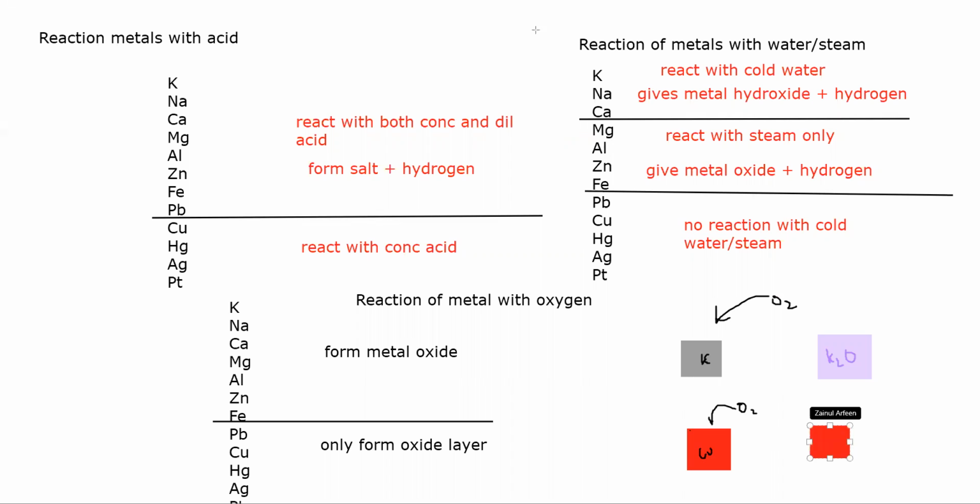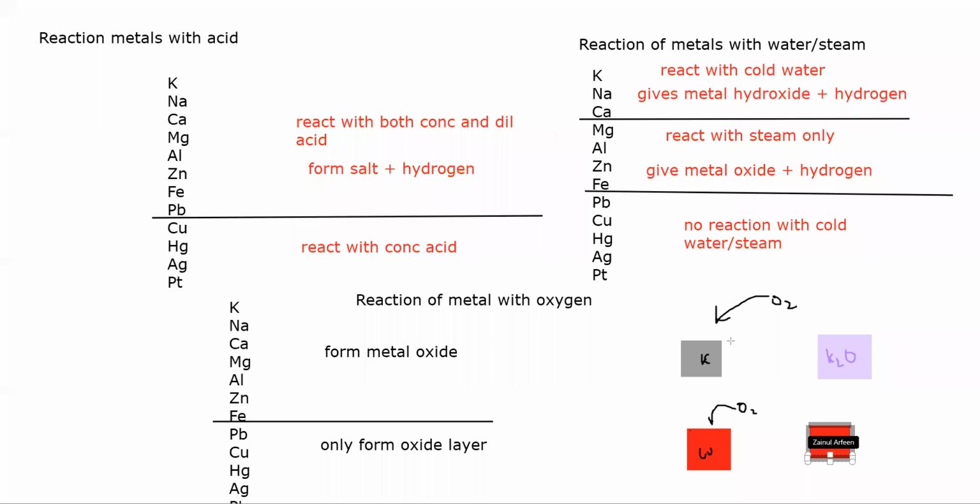The surface only turns into copper oxide. This also refers to rusting or corrosion. Yes, iron forms rust on the surface.